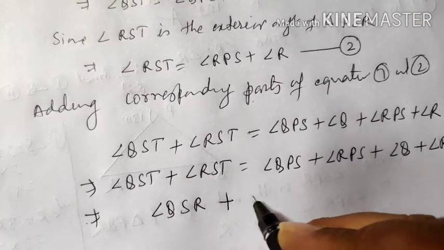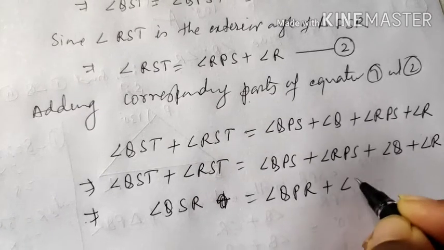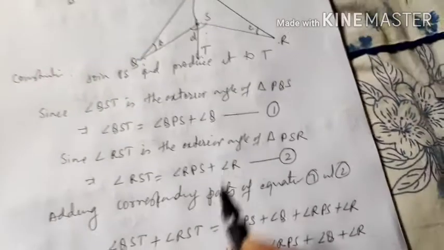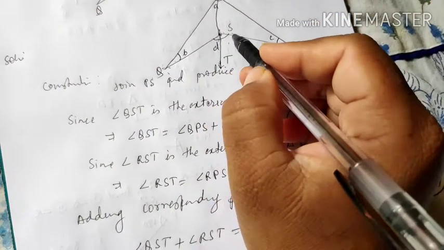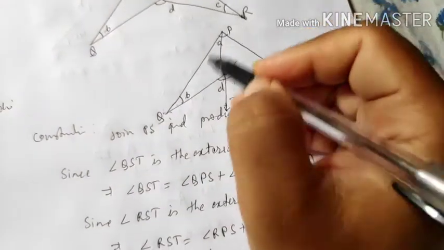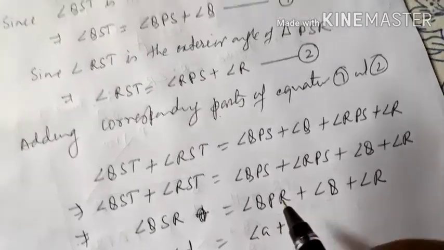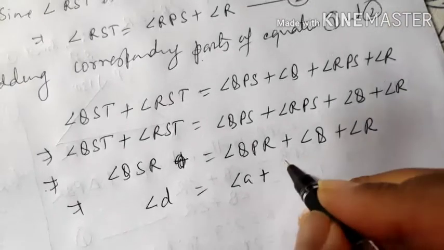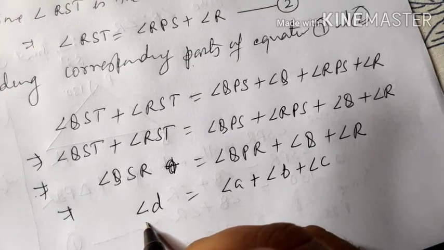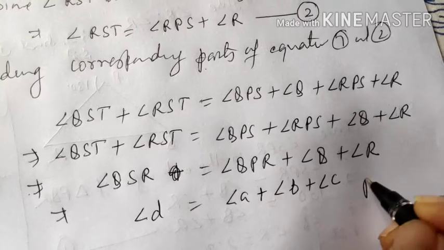So this equals angle QPR plus angle Q plus angle R. Now we see that QSR is the same as angle D, QPR is the same as angle A, angle Q is angle B, and angle R is angle C. Hence we have proved here angle D equals angle A plus angle B plus angle C.